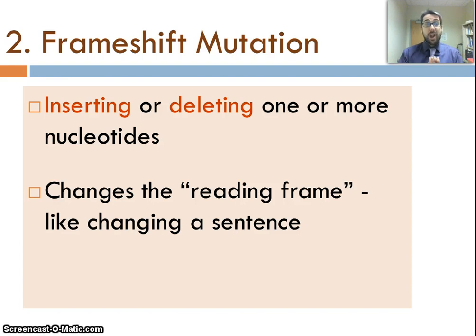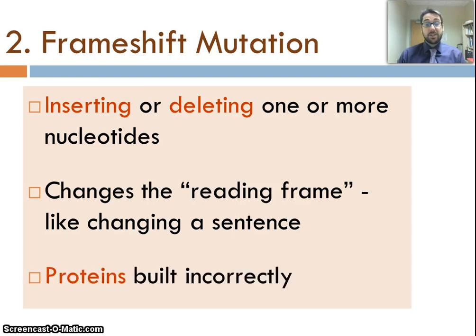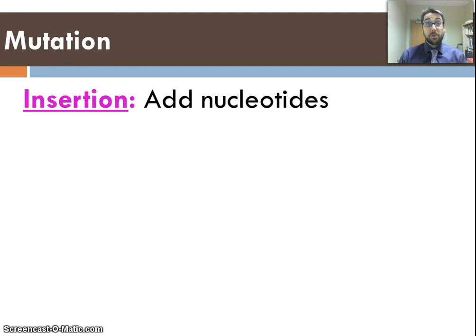So deleting a letter or adding a letter shifts the groups of 3 off, and so that changes the whole sentence. So ultimately, this changes how your proteins are built, and if they're not built properly, if it's an enzyme, they're not going to digest that food properly or break down or put together things that they normally would be activating. So these ones are the most harmful.